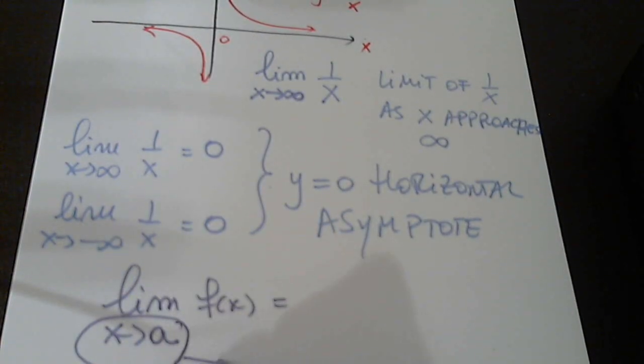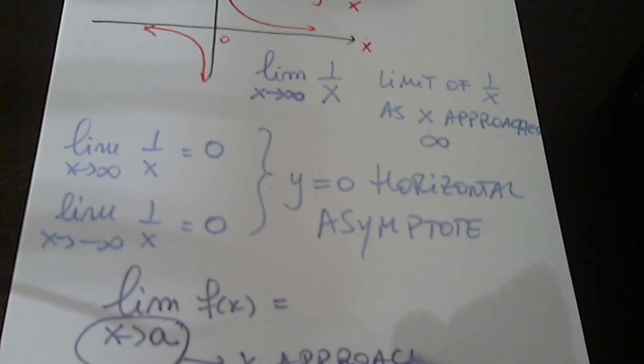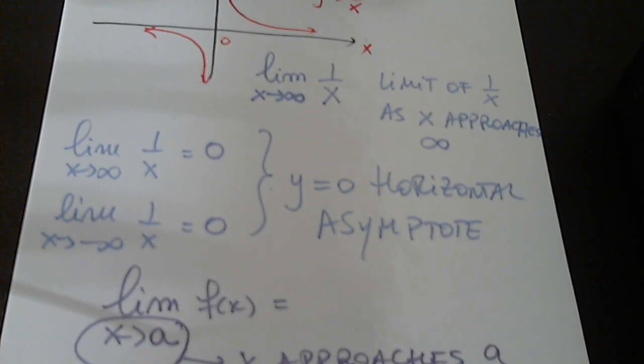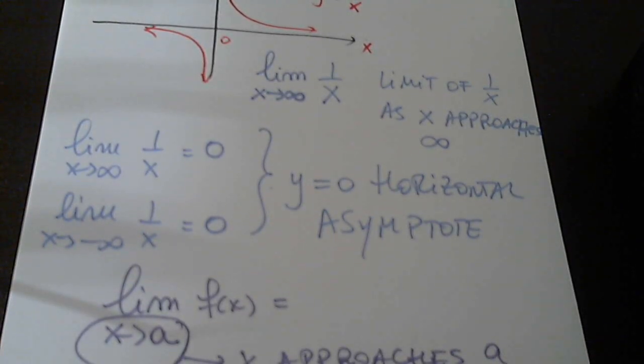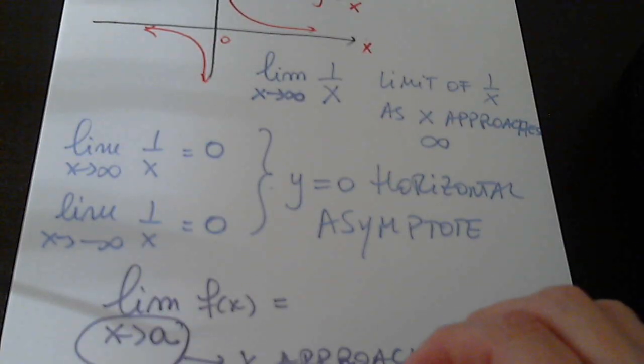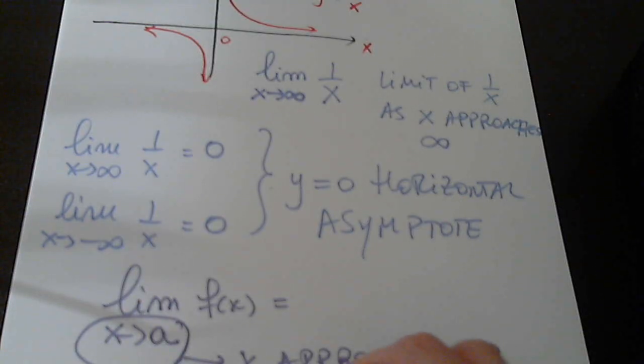This is read x approaches a from either side. When we are approaching from one side, from the right, for example, or from the left, this one says approaching from either side simultaneously.